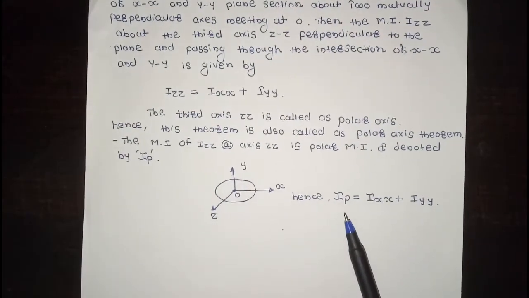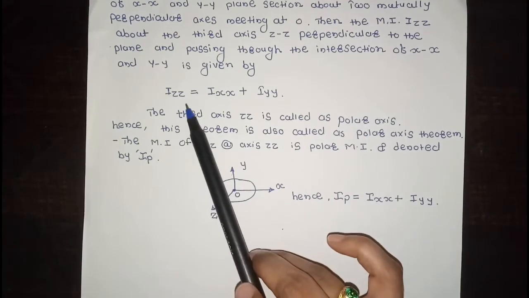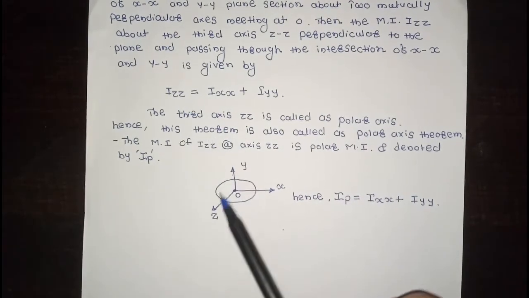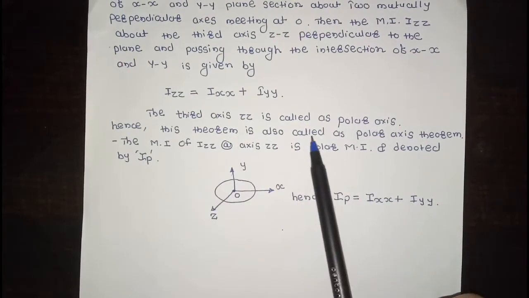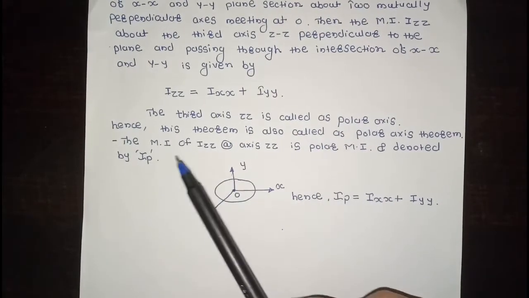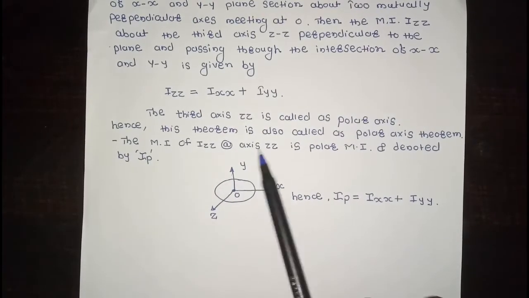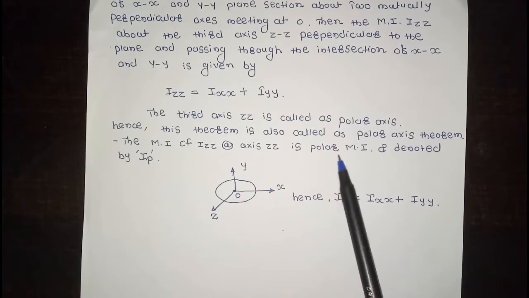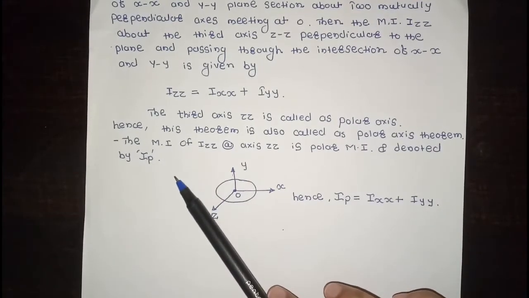The third axis zz is called the polar axis, meaning Izz. The z-axis is known as the polar axis. Hence, this theorem is also called the polar axis theorem. And the moment of inertia Izz about axis zz is the polar moment of inertia and it is denoted by Ip.